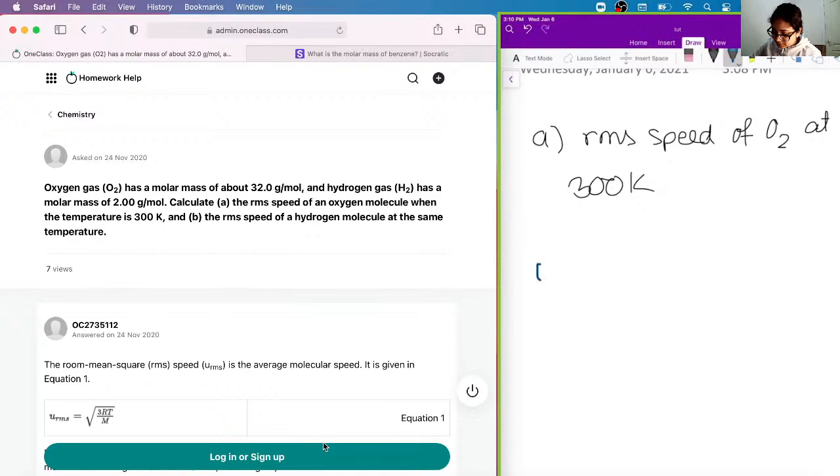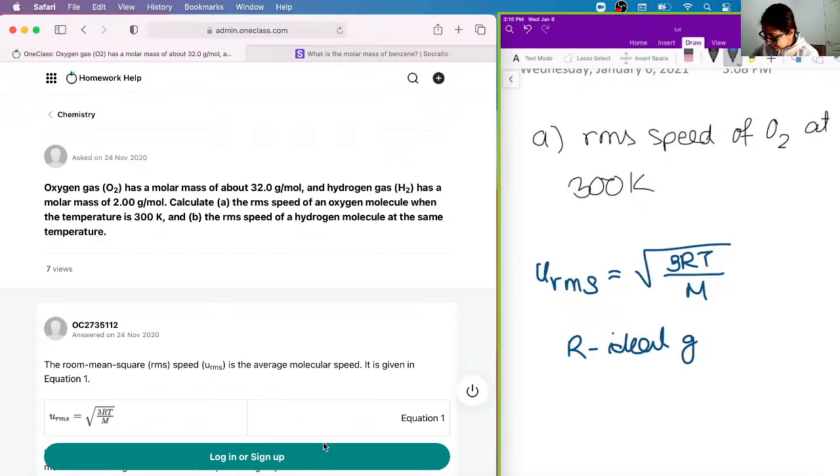We're going to use this equation to find out the speed, which is the square root of 3RT over M. R is the ideal gas constant, so this is a constant, 8.314 joules per mole Kelvin.